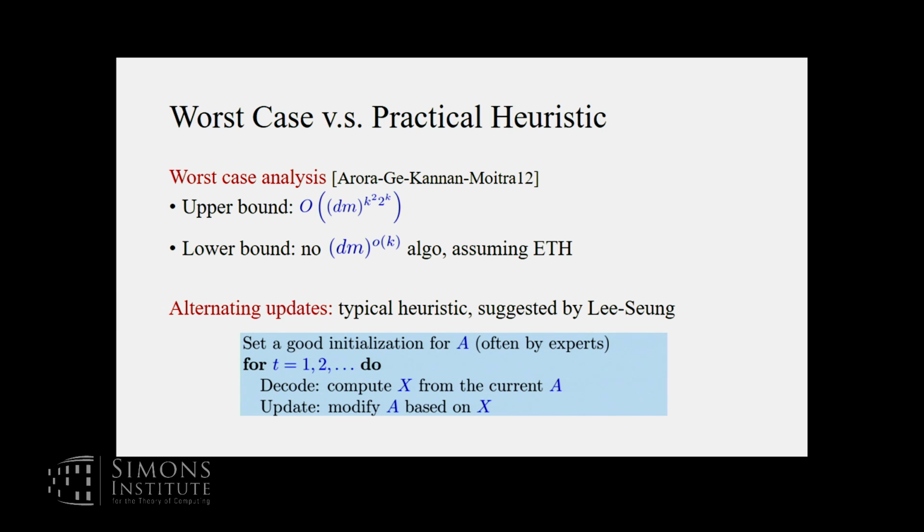You compute X from A, you compute A based on X. I'll be more specific about this algorithm later on. But this is just a simple algorithm. You can just run it and get very good results. So this large gap requires some analysis for practical instances rather than worst case instances.